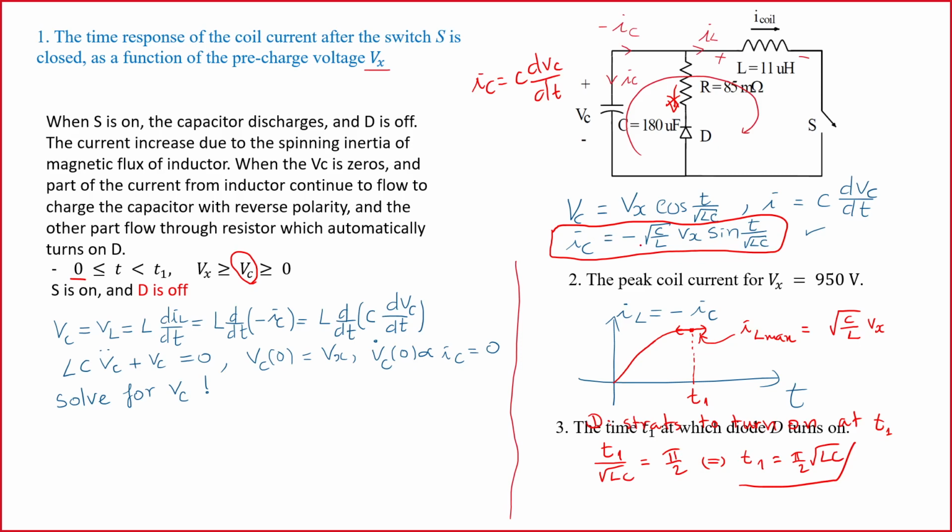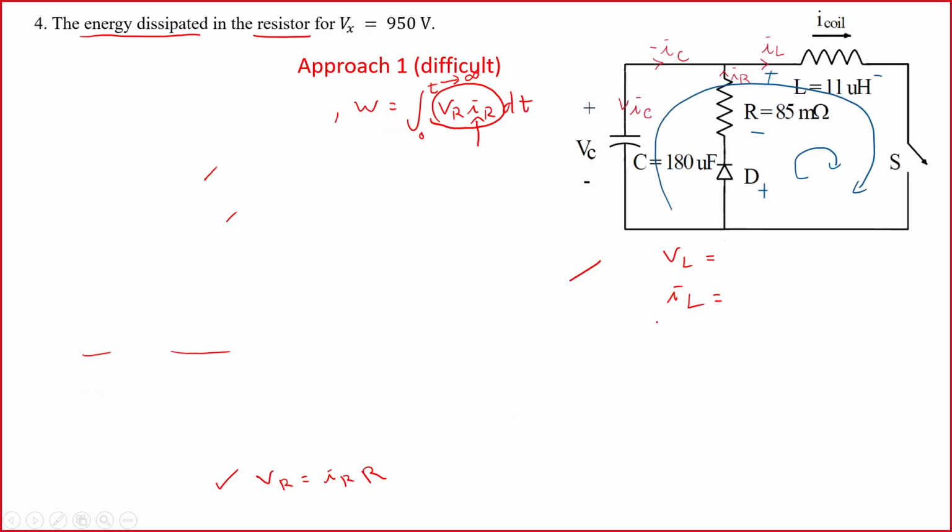But IL is just minus IC. So you have IL, and VL is just L dIL over dt.